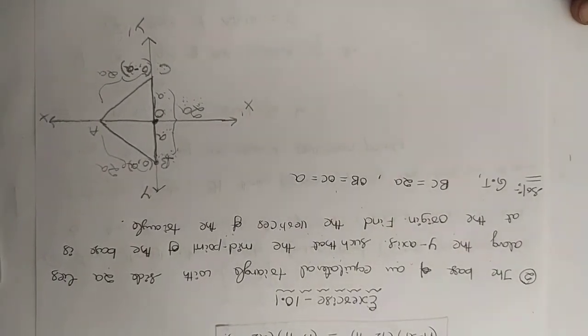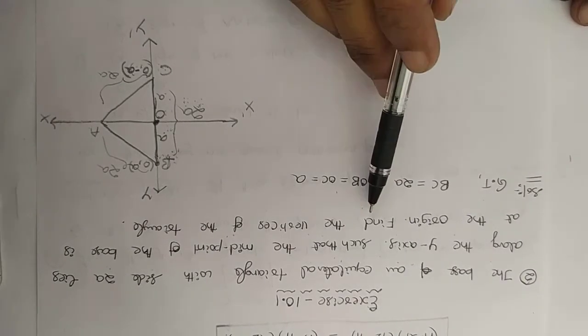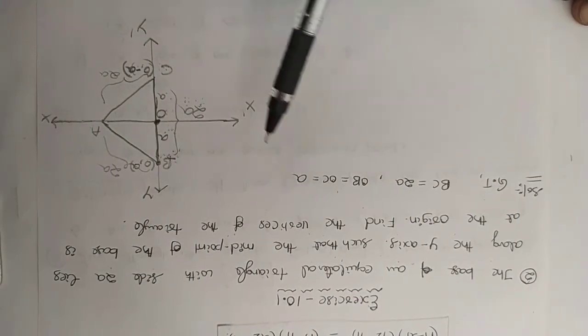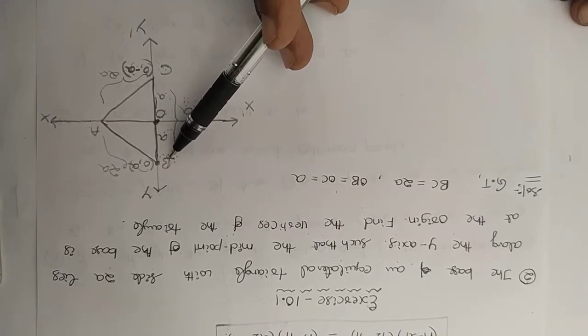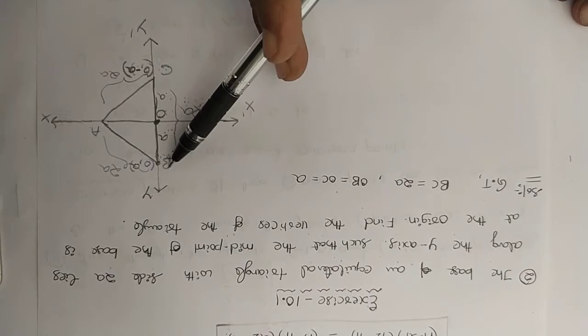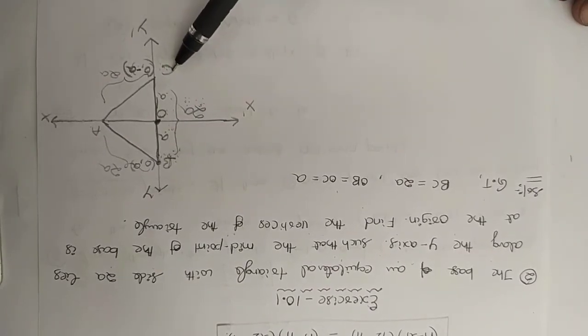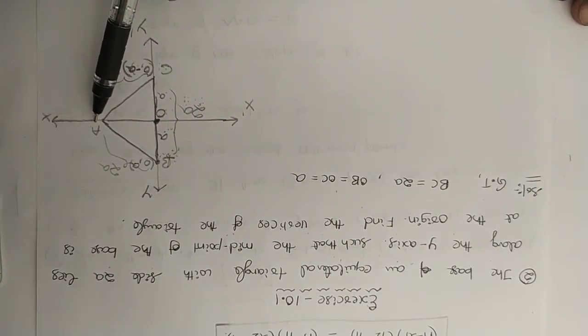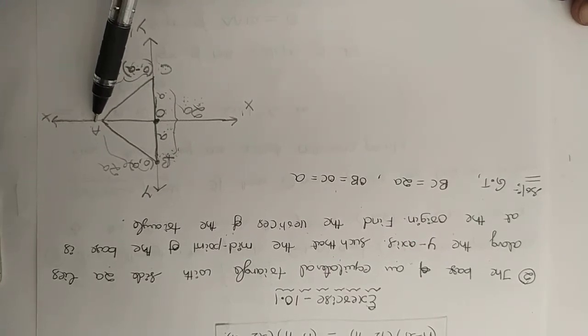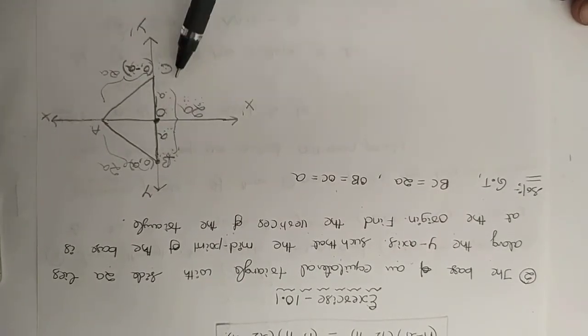Now, if you observe what we have to find, the vertices of a triangle. We found the vertices B and C. Then we want only the vertex A, isn't it? B and C we found.